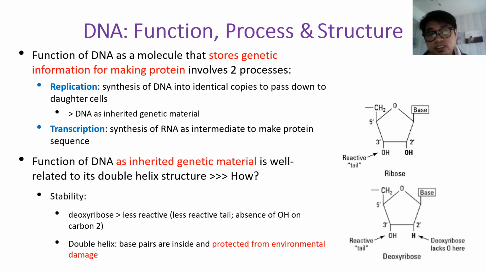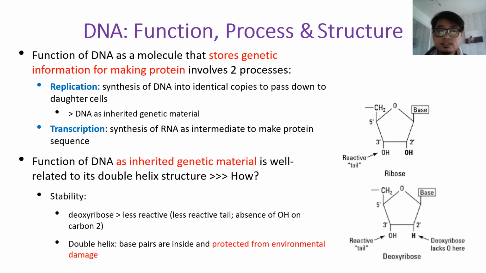The second one is transcription. Transcription is the process of RNA synthesis, which acts as an intermediate to make a protein sequence. And the second function of DNA is to act as inherited genetic material. This is related to its double helix structure. But how? Because of the stability.